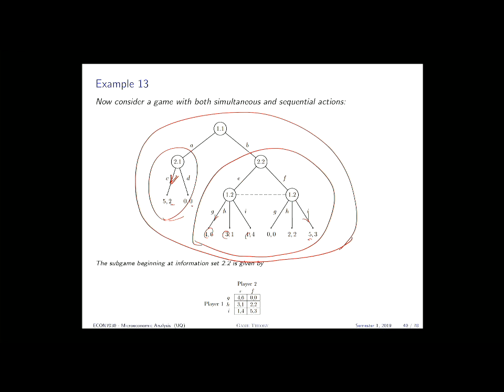Now, how can we do that? Of course, there are ways you can do it on the tree form, but I highly recommend not to do it at this stage. Maybe when you get more comfortable with games, you will be able to do it. But at this stage, I highly suggest to transform this subgame to normal form, find the NE with the method that I just told you, star delta, and then substitute the arrows to the game.